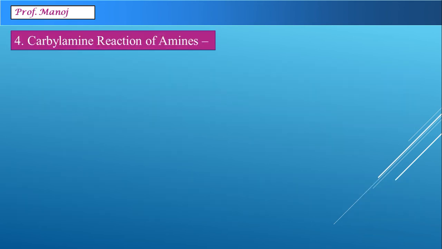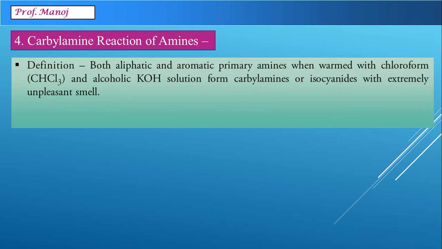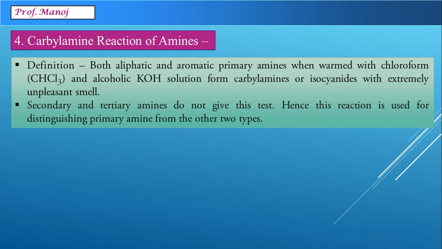We go to the fourth reaction of amines, called the carbylamine reaction. Aliphatic and aromatic primary amines, when warmed with chloroform and alcoholic KOH, produce compounds called carbylamines, which are also known as isocyanides. Isocyanides have an extremely unpleasant smell by which they can be recognized easily. Secondary and tertiary amines do not give this test.